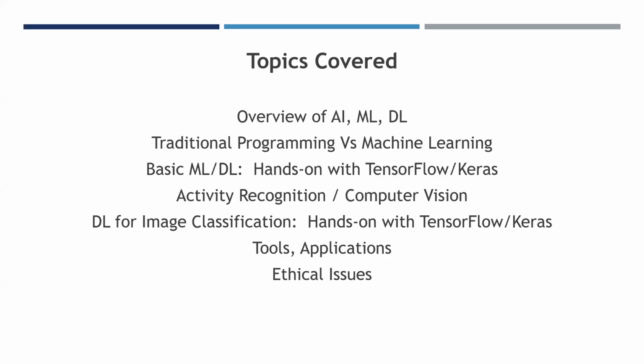After this hands-on session with TensorFlow and Keras on image classification, we'll mention the various tools that can be used for machine learning and deep learning, and the applications using deep learning. And finally, we'll also touch upon some of the ethical issues.